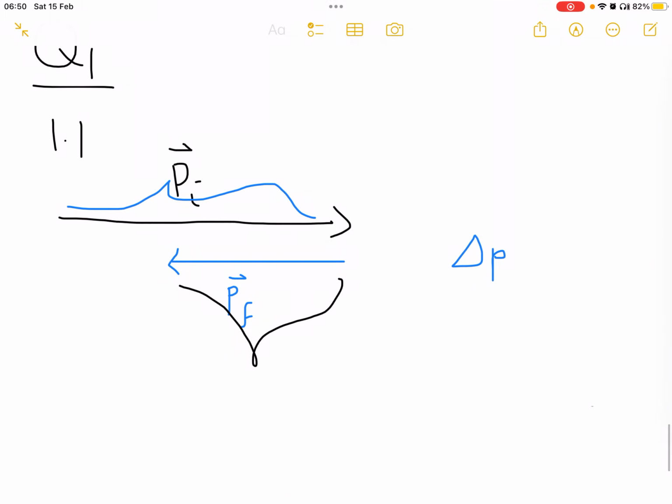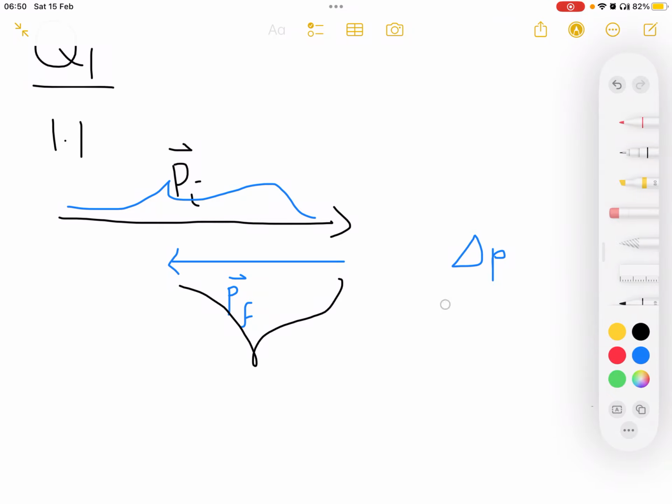We have P initial going to the right, which is a longer right vector, and we want to get our change in P. There is no greater explanation that I can put than to give an example scenario of what the change in momentum would be like.